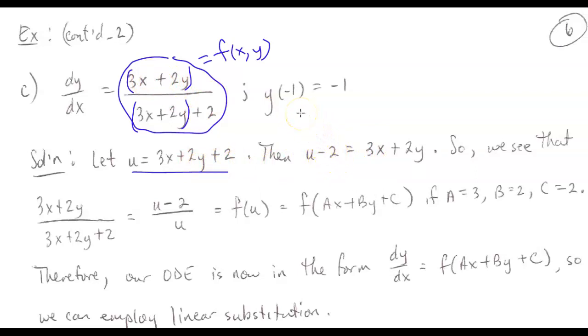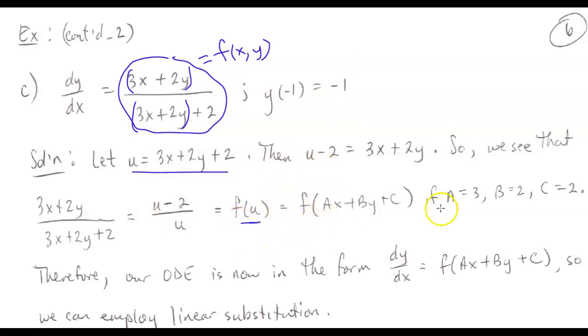And of course we want that because we want everything here either in terms of u and or x. Okay. So here we see that the right hand side of this ODE is just u minus 2 over u. And this is just going to be a function of u.